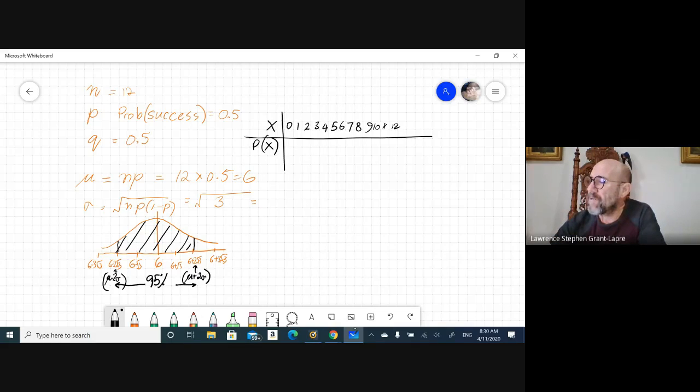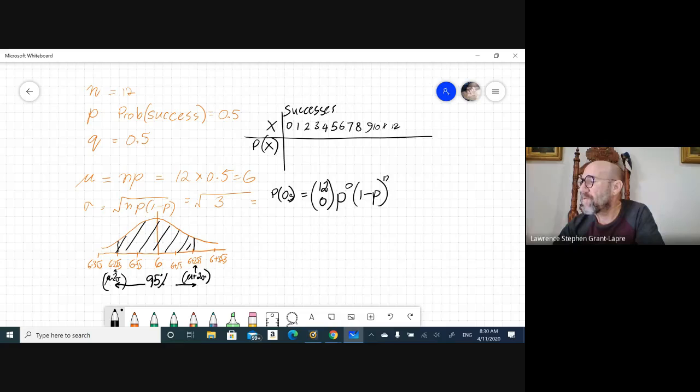So to have 0 successes, this is the number of successes, means the probability of 0 successes is equal to 12C0, P to the power of 0, and Q, 1 minus P, to the power of 12. If you put that in your calculator, you could either use 12C0 or you could use 12 factorial over 0 factorial and 12 factorial. These two numbers must add up to 12. 0 factorial is 1. Be careful of that.